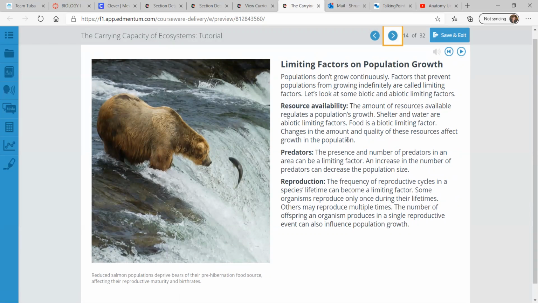Limiting factors on population growth. Populations don't grow continuously. Factors that prevent populations from growing indefinitely are called limiting factors. Let's look at some biotic and abiotic limiting factors.